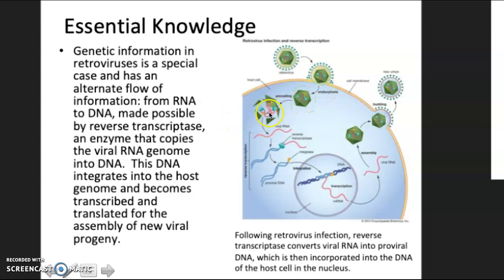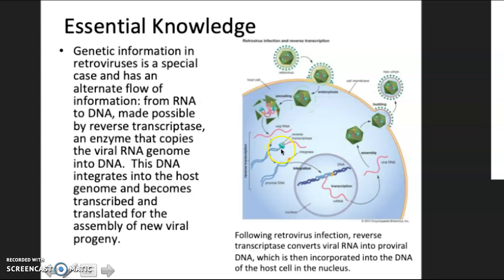Instead of going from DNA to RNA to protein, they go from RNA, and they use this enzyme called reverse transcriptase to essentially transcribe that RNA and turn it into a DNA using the same method as before, where it uses the complementary base pairing and basically forms DNA from that RNA molecule.